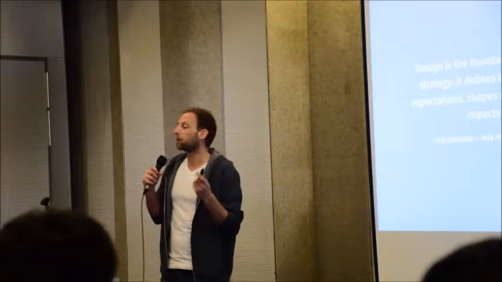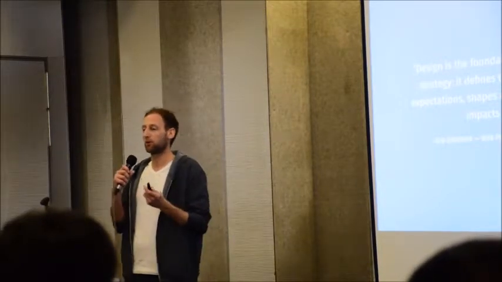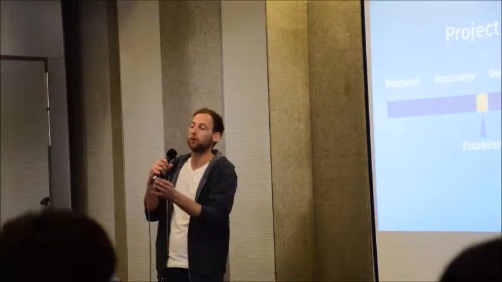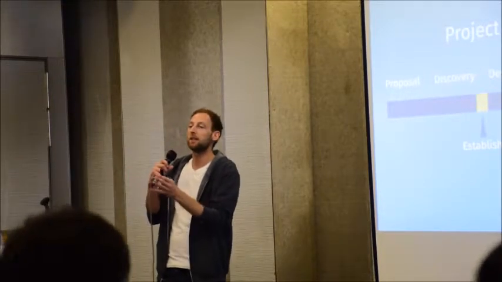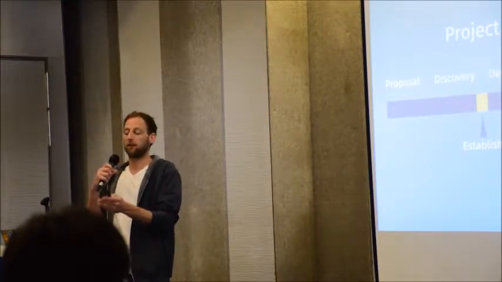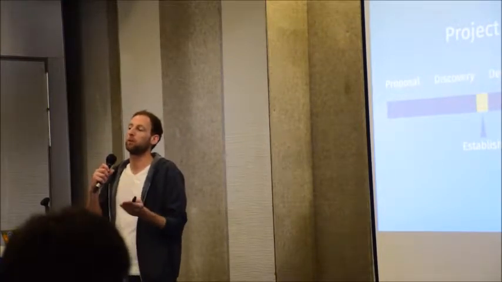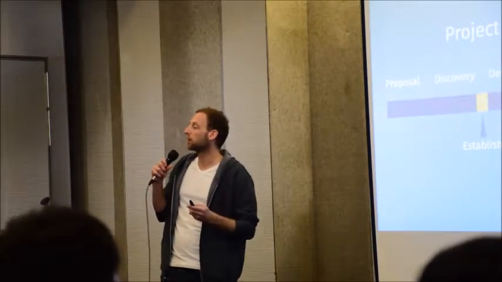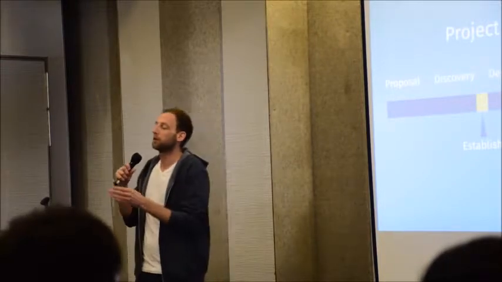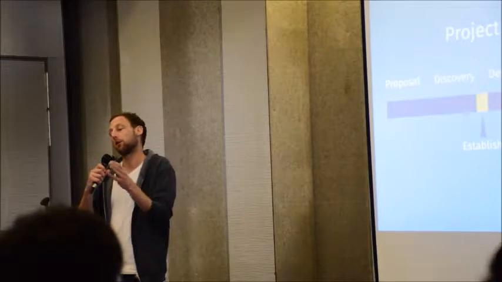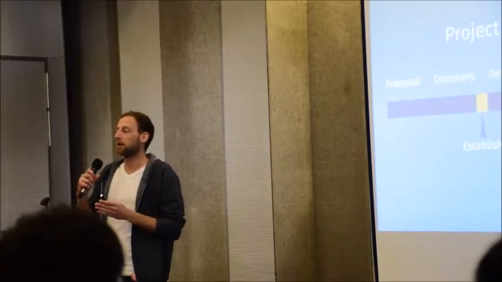So in terms of project lifecycle and performance budgets, as you can see, first you have a proposal, then the discovery phase, and before you actually start the design phase, this is where you will establish your performance budget. So you set your goals, let's stick with the 700 kilobytes, and then you start your design process, and you always check back with your designers, okay, can we stay within this?